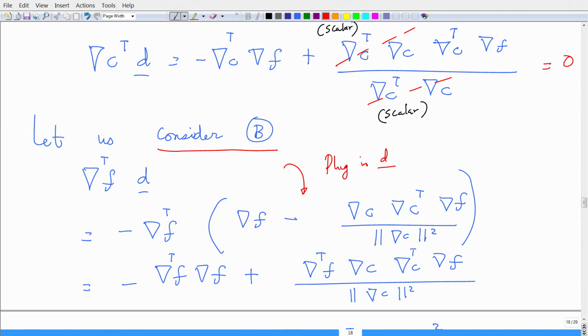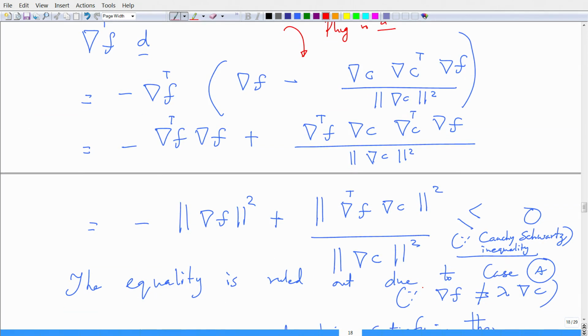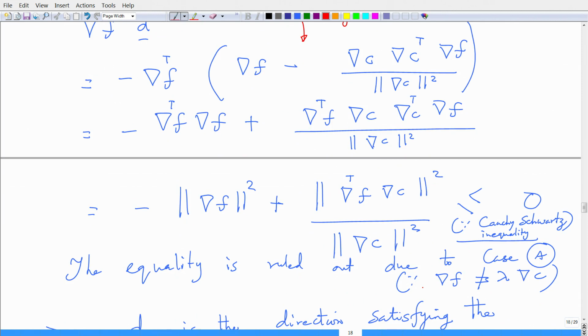If you are savvy, you will realize that this first term can be realized as the norm of del F square, with a negative sign. Now, del F transposed del C times del C transposed del F can be realized as norm of del F transposed del C squared.